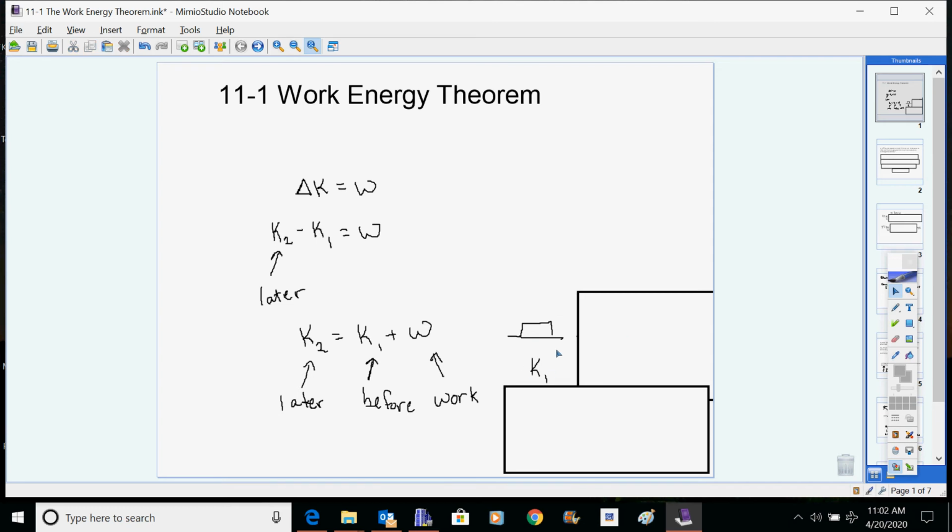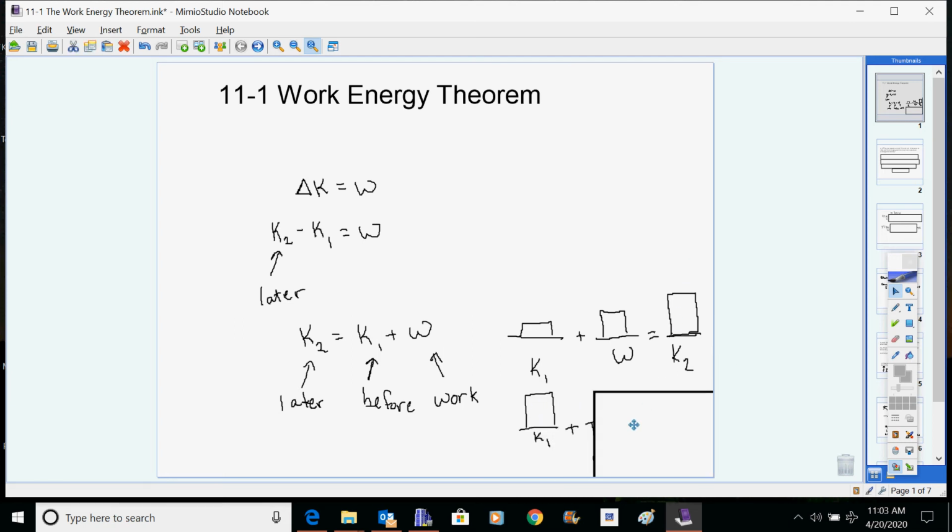You could have your starting kinetic energy and you add some work. If this was a perfectly drawn graph, this amount of kinetic energy plus this amount of joules of work would be the new kinetic energy, which would be more up above.